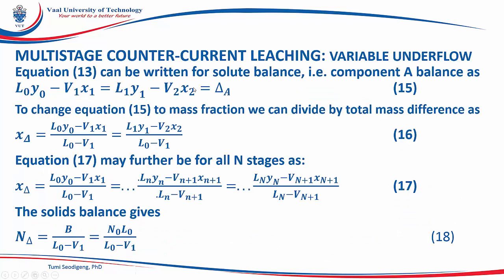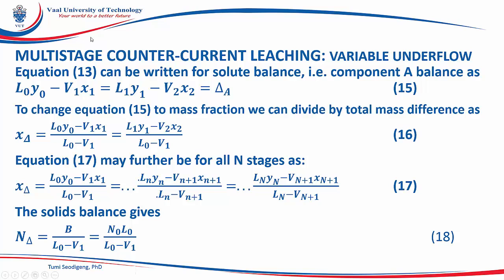We can further use this solution balance equation now to calculate the component A balance to find the X delta, which is the mass fraction delta of component A in the two passing streams. As you know, we will now be using the equation of the component balance of A for each two passing streams.